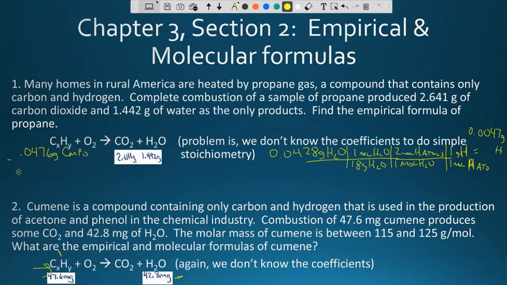Of that compound, 0.00476 grams was hydrogen. So what that tells me is within the compound, I end up with 0.0428 grams of carbon present. So now I have all my pieces. Within this compound, I have 0.00476 grams of hydrogen. Within this compound, I have 0.0428 grams of carbon.